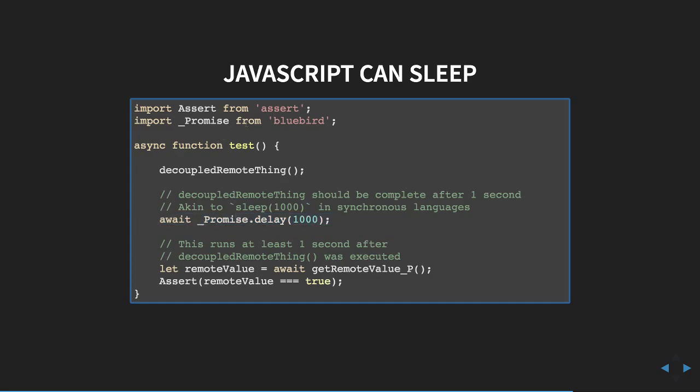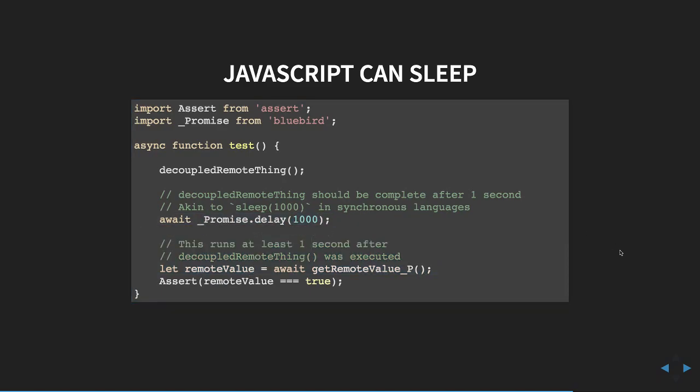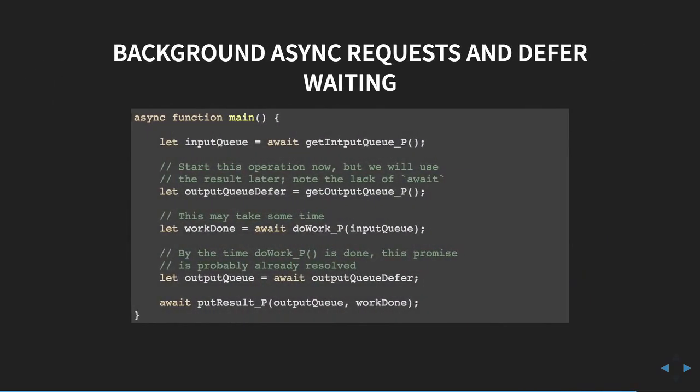And all you have to do is import Bluebird, and then use promise.delay or bluebird.delay with the amount of milliseconds you want to sleep for. And then this code won't run until a second after this begins sleeping, at least a second.